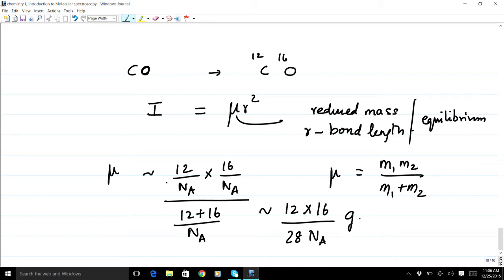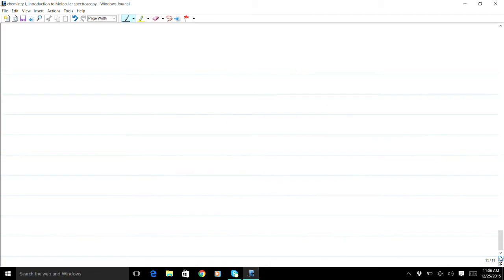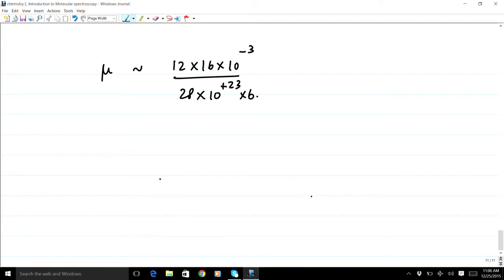This is the gram. Of course, we would use joules and therefore the SI units we have to use. So, mu is approximately 12 times 16 times 10 to the minus 3 divided by 28 into 10 to the 23 into 6 point something. Let us keep it as 6.022. So, let us do simple calculation.